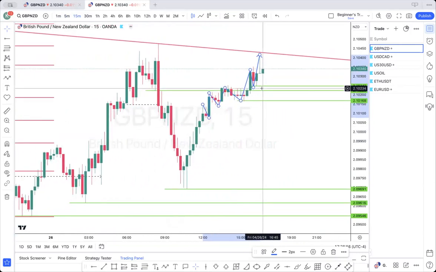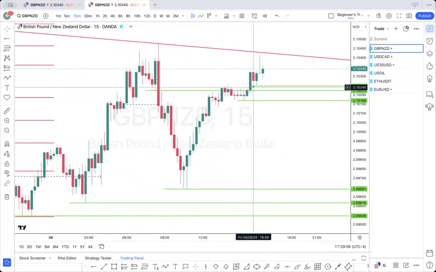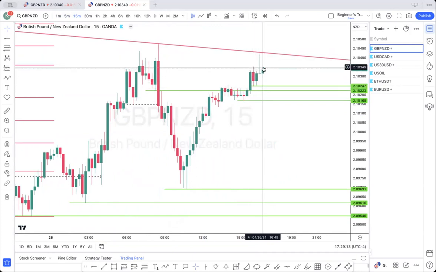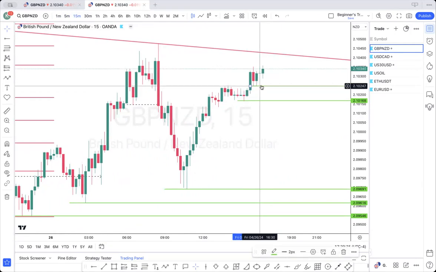And until I see a break, a violated order block, or this violated order block here, this is the one I would like to see. Because remember, this never closed a candle above for me. So if the market opens next week and gives me a closed candle up here, then I would move my swing to here.